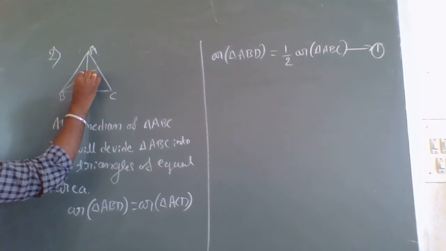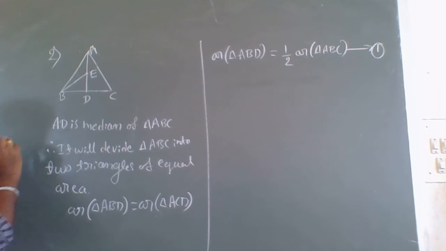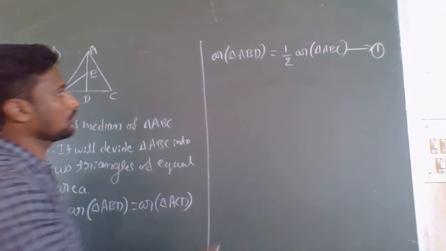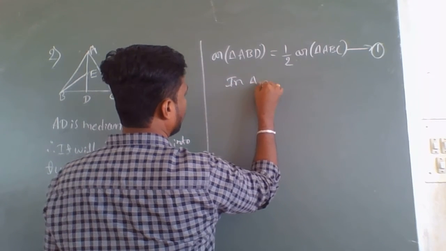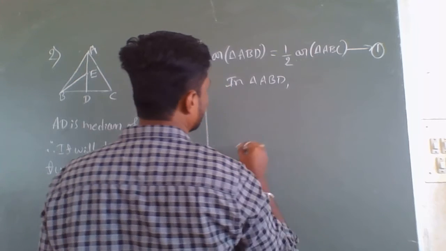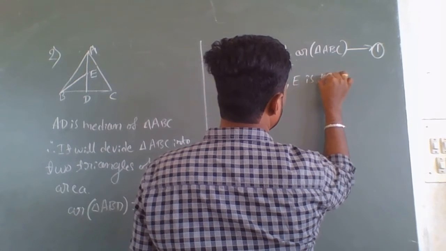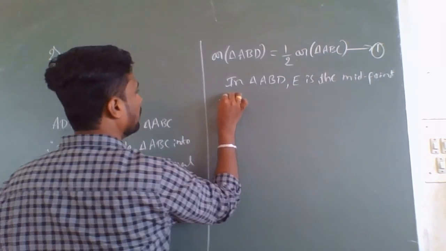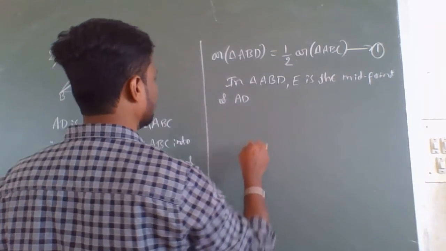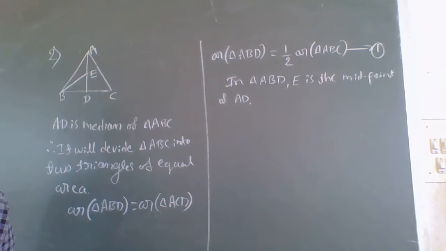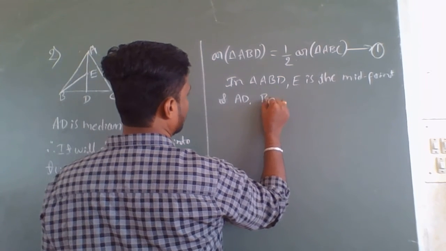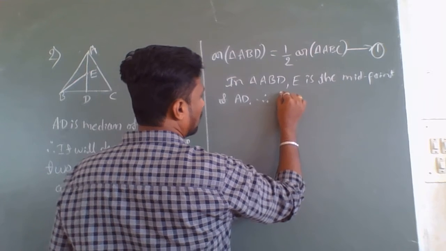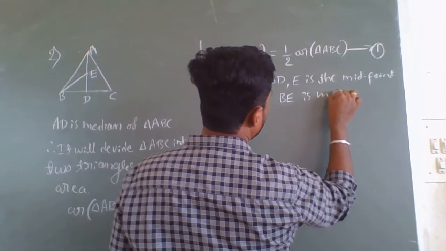So this E is the midpoint of AD, means we can write that BE is the median.